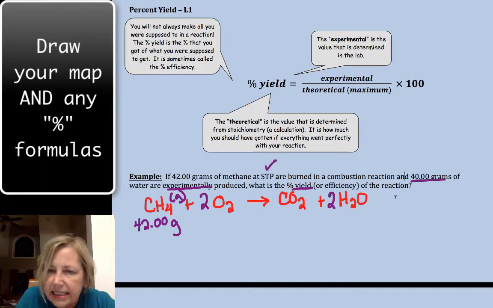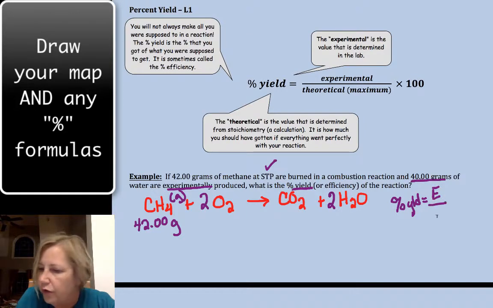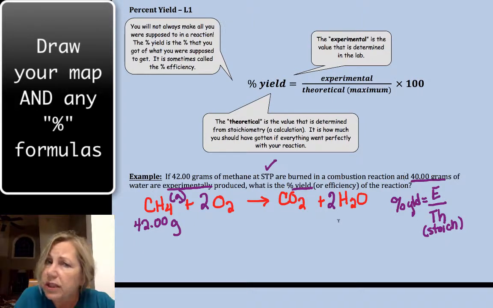So as soon as I see that, I like to write down my percent yield formula. And that's going to be my experimental over my theoretical. My theoretical comes from my stoichiometry calculation. Stoichiometry deals only with pure reactants, and we get theoretical or maximum values, and that's times 100.